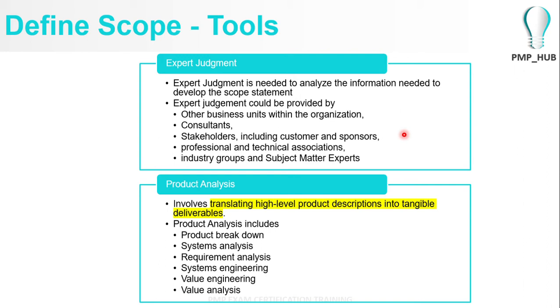And sometimes you might go to the extent of hiring consultants to get the know-how of the missing domain knowledge that is required for you to define a proper scope for your project.